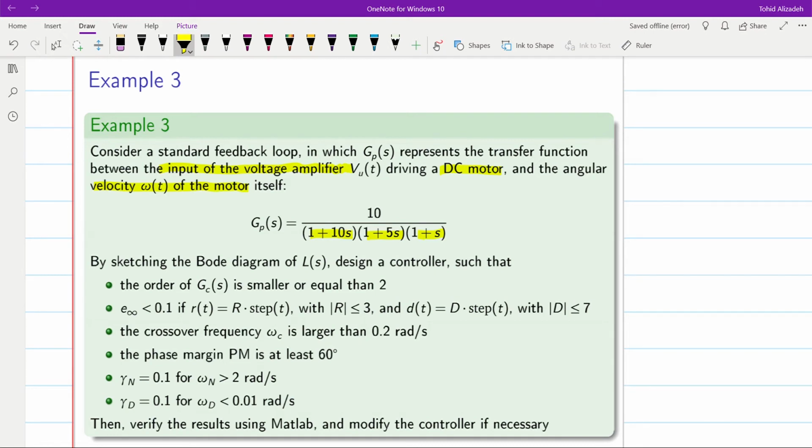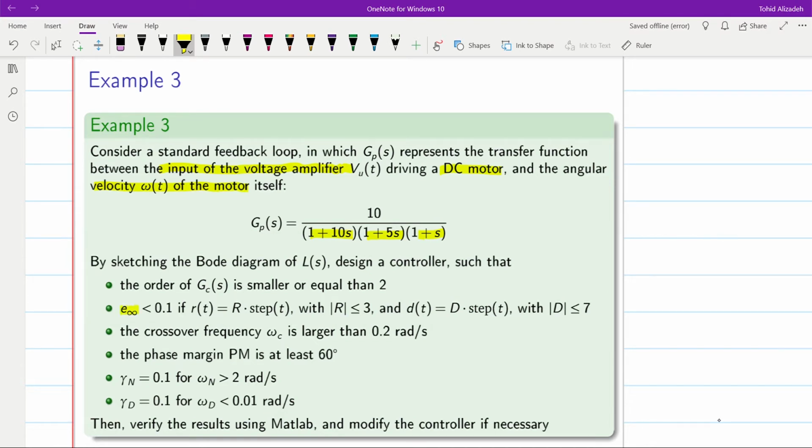Now, by sketching the Bode diagram of L(s), we want to design a controller such that the controller is of order 2 or smaller, so it will be either a proportional one, a first order or a second order controller. The simpler the better.